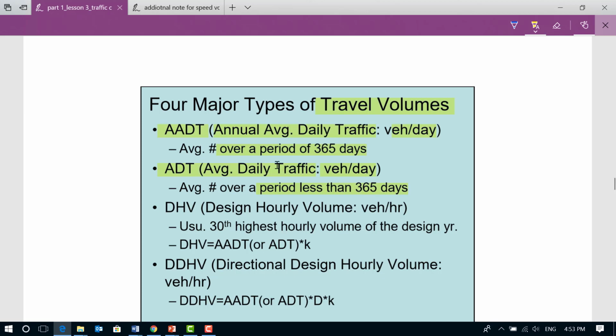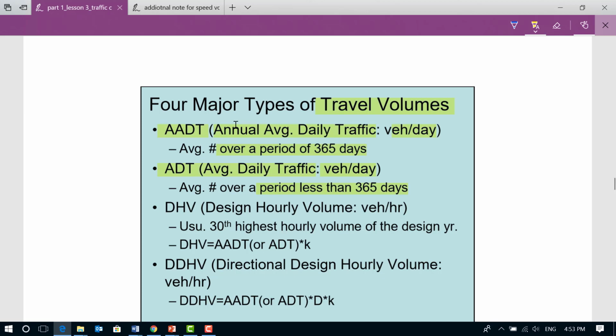All right. So which one is more accurate? A 3 month time period versus a 1 year time period, and they calculate their average number of vehicles per day. Which one is more accurate? Of course, the AADT will be more accurate. Why? Because some cities have huge seasonal fluctuation in terms of the traffic volume.